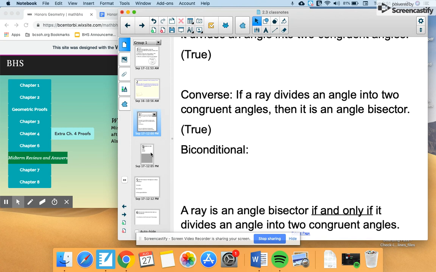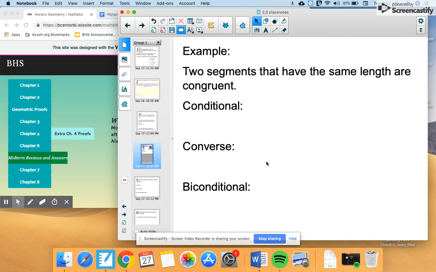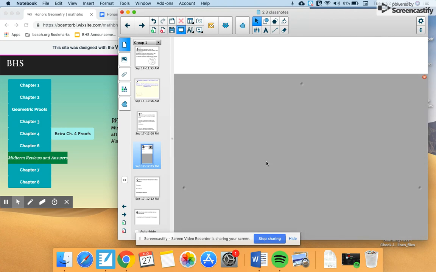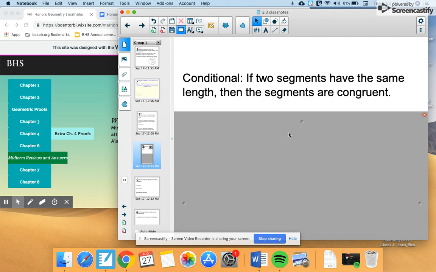So let's go ahead and look at another example. We have 2 segments that have the same length are congruent. So we're going to do the conditional and the converse and the biconditional, and then we're going to look and see if that's a good definition. So the first thing is the conditional is if 2 segments have the same length, then the segments are congruent.